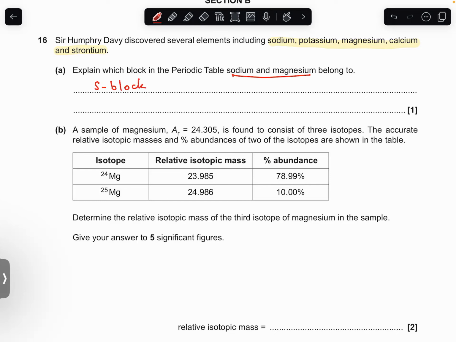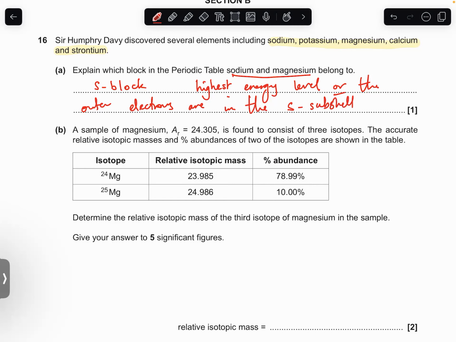Because the highest energy level or the outer electrons are in the S subshell.